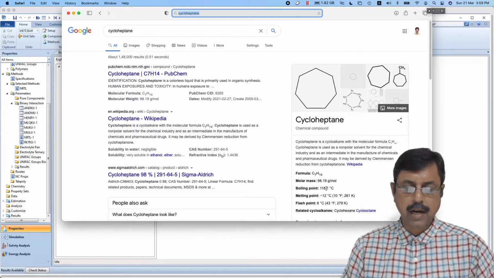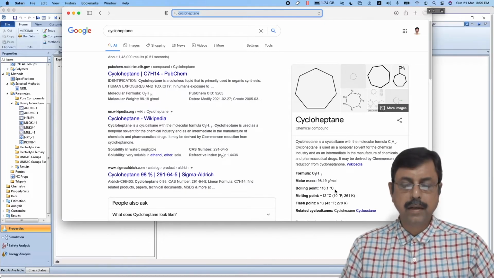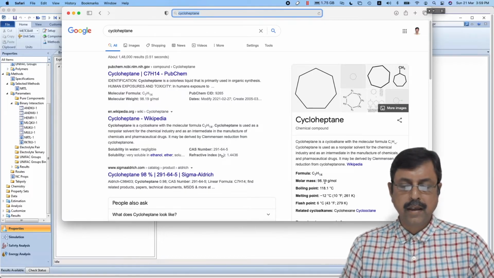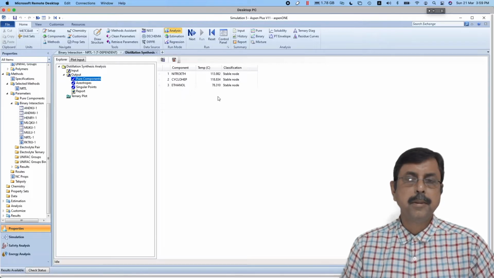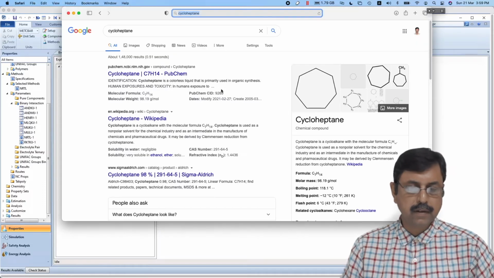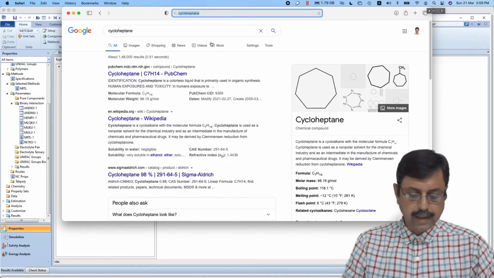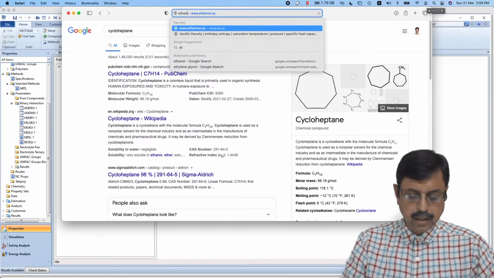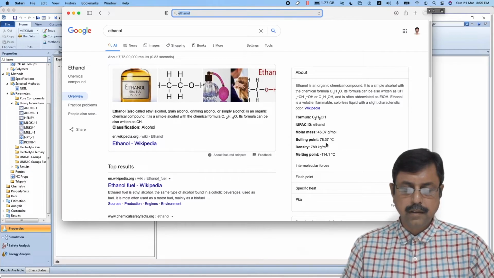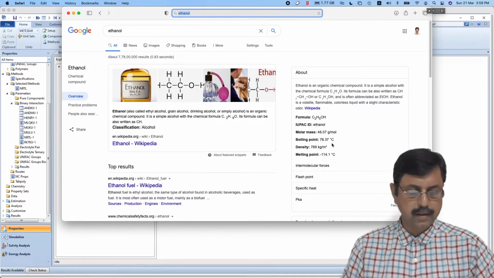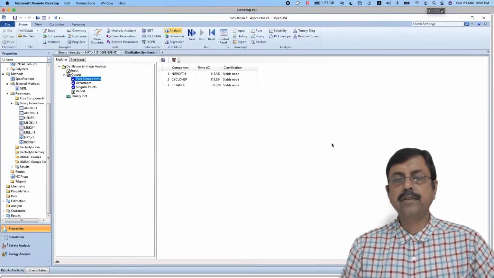It is 118 point, well, it has been calculated as 1. Probably this is the experimentally found one, and it has been calculated through the inertial method. So that kind of difference may be observed. And ethanol, it is 78.31. Let us see what the internet says. Ethanol, it is 78.37. 78.31.